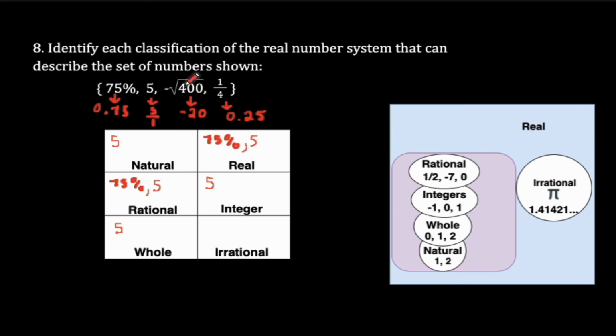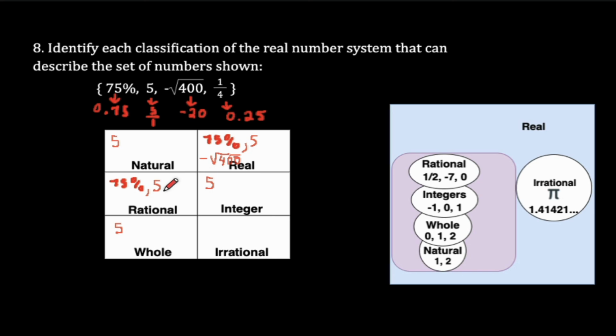Let's move on to the negative square root of 400, which when simplified is negative 20. So is negative 20 a natural number? It's not. Is it a real number? Yes. So we'll place negative square root of 400 here. Okay. Is it a rational number? Well, yes, when simplified, negative 20/1. So yes.